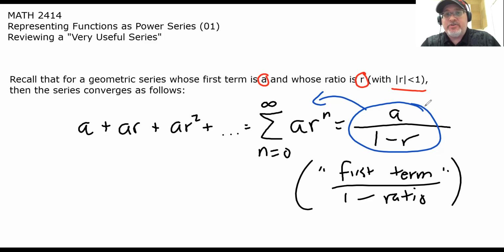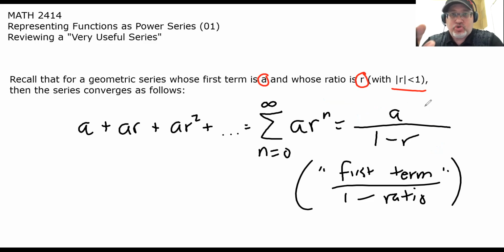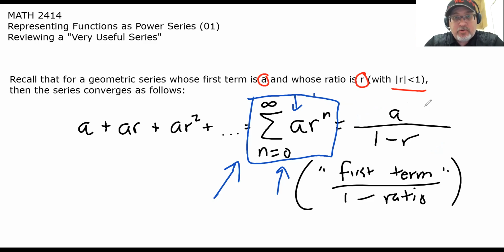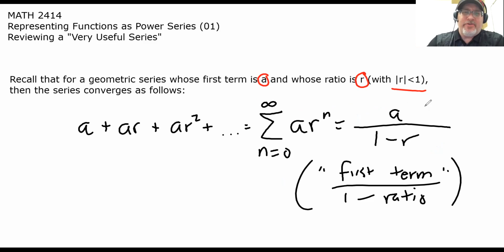So in previous videos, when I said I'm not really worried about the structure of the sum when you're writing a geometric series, I'm going to have to change course on that and say that if you know the first term and the ratio, this is how you can set up the sum. Start at 0, go to infinity, first term, ratio to the nth power, because we're going to be doing quite a bit of that. But that wasn't the very useful series.